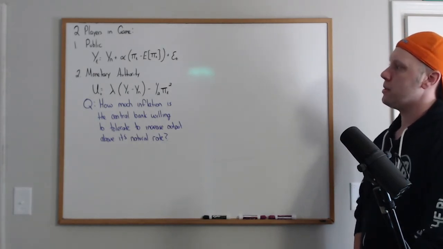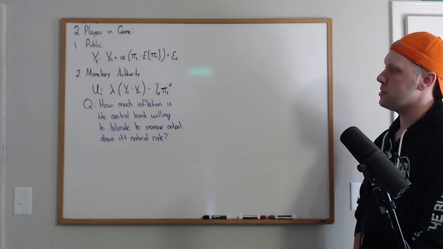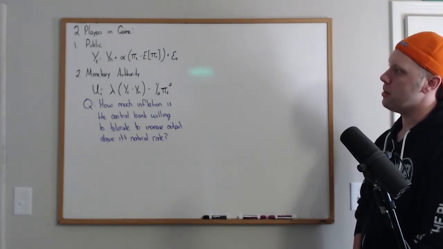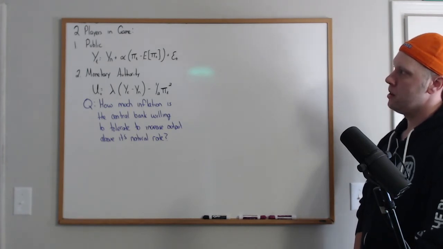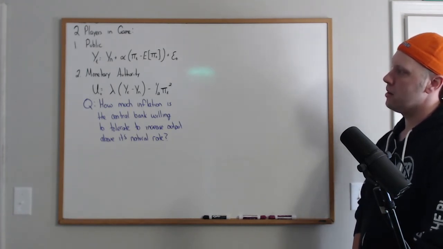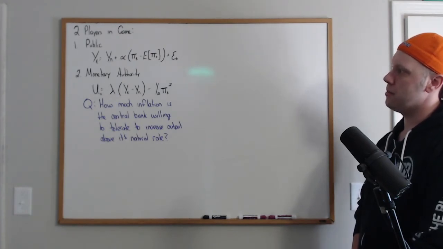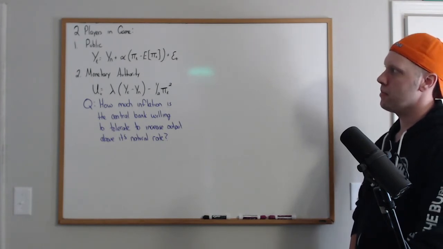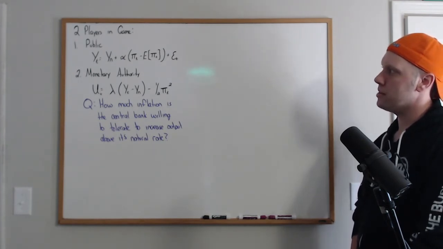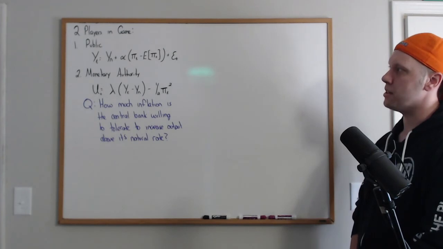Well, we're going to have to figure out a way to answer that question. Because we've got two players, the public and the monetary authority. The monetary authority is going to figure out how much inflation there's going to be. They're going to announce certain policies of inflation, and then ultimately decide how much inflation there's actually going to be.